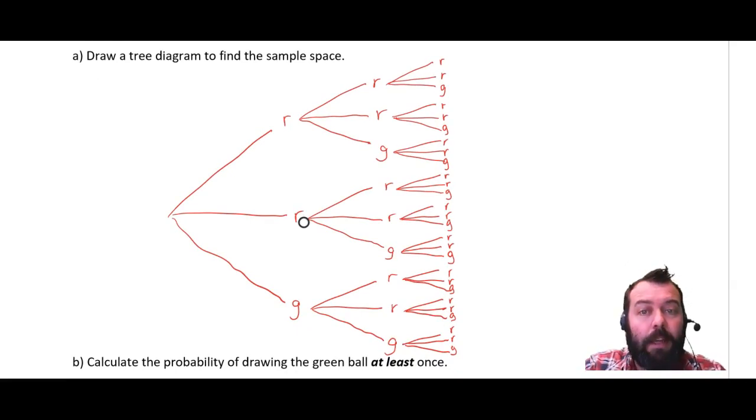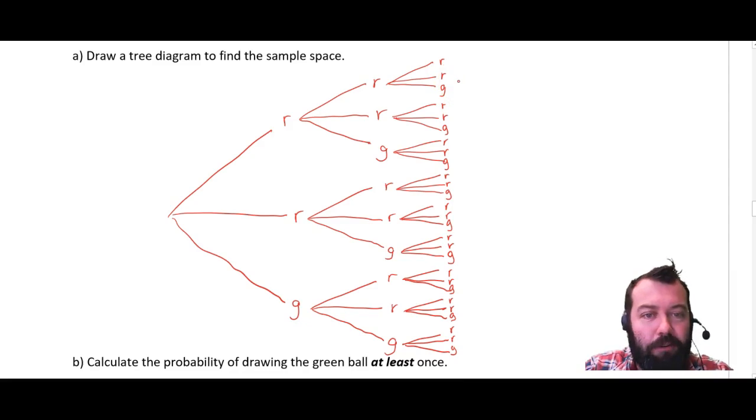Okay, so if we have a look there, we can see that it gets pretty complicated pretty fast. So the sample space is the list down here of all of those possible outcomes. Red, red, red, red, red, green, and so on. It's getting hard to say.